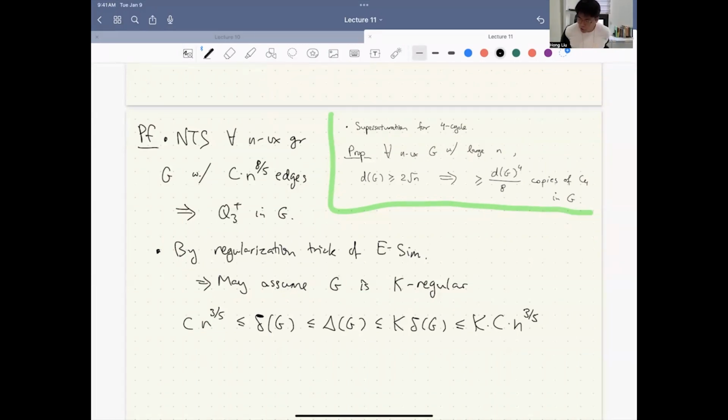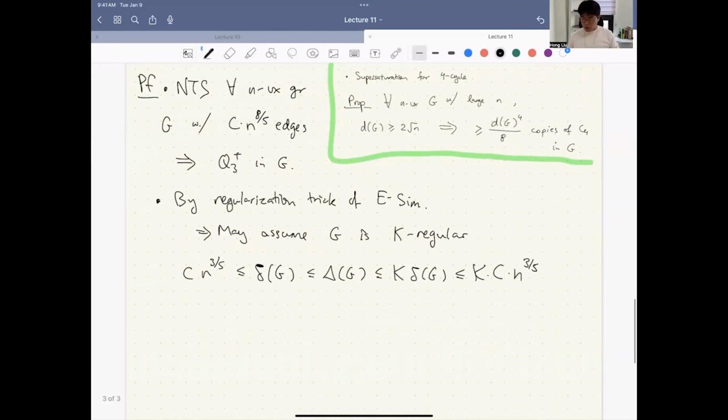Now by supersaturation, the highlighted part on the top right, we know that this graph, whose average degree is obviously more than square root n, has many four cycles. How many four cycles? Then supersaturation implies the number of four cycles, C4, is at least the average degree to the power of 4 divided by 8.